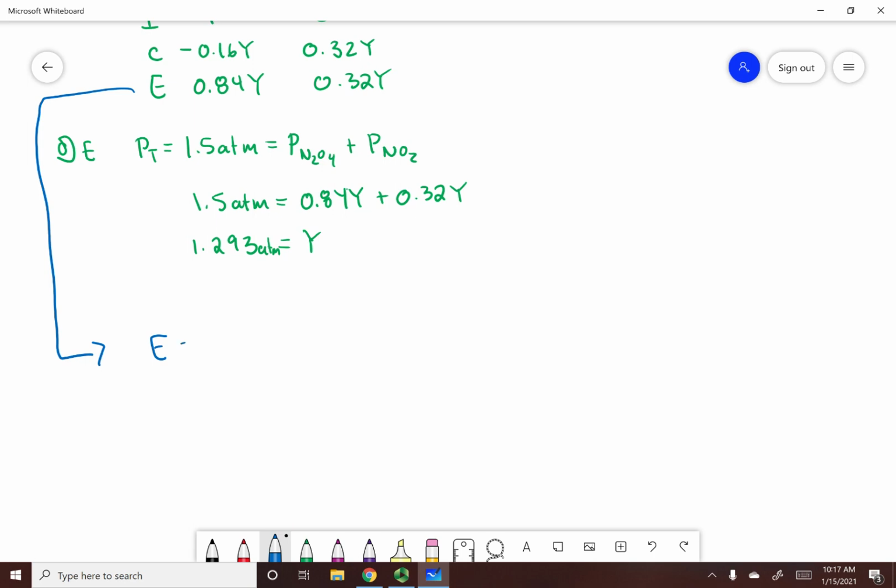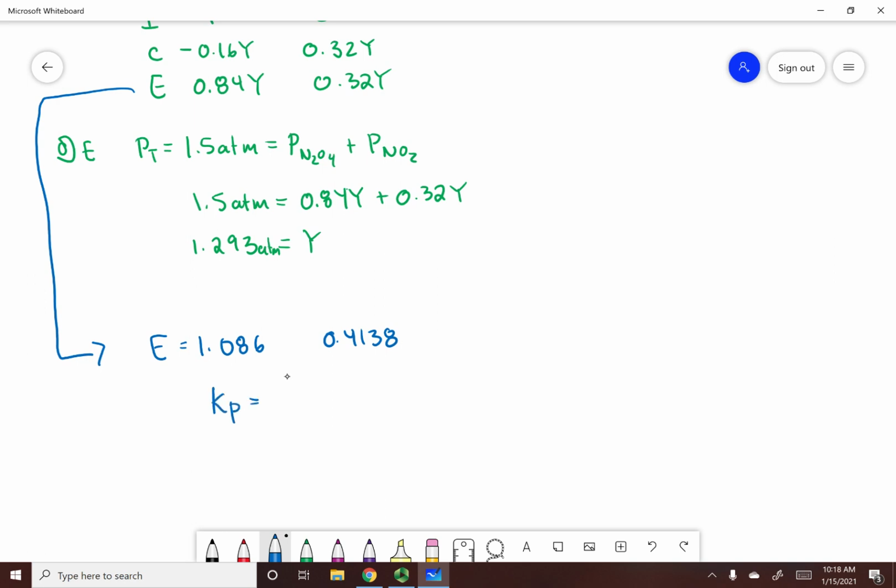This turns out to be 1.086. And then for NO2, it's 0.32 Y, or 0.32 times 1.293, which turns out to be 0.4138.